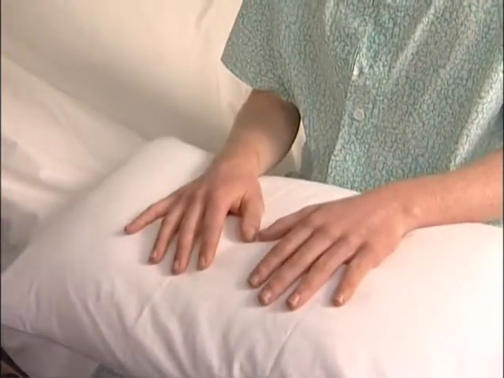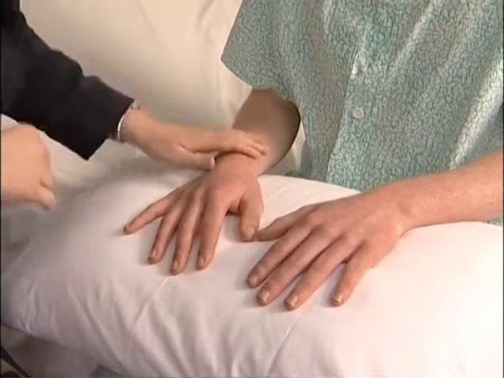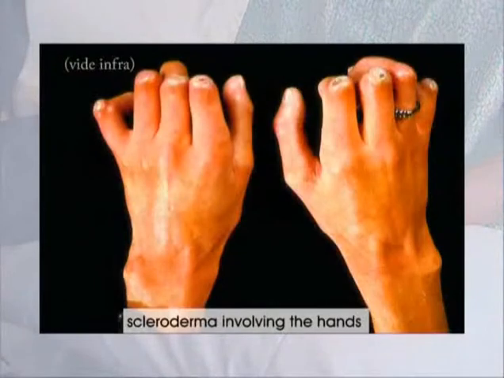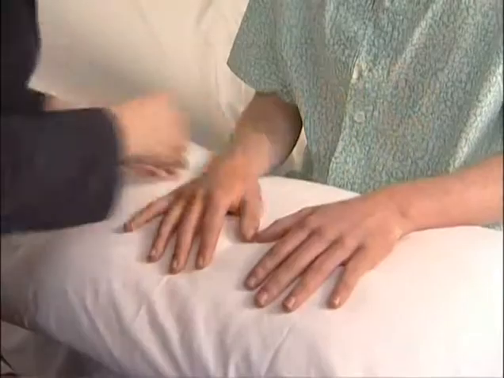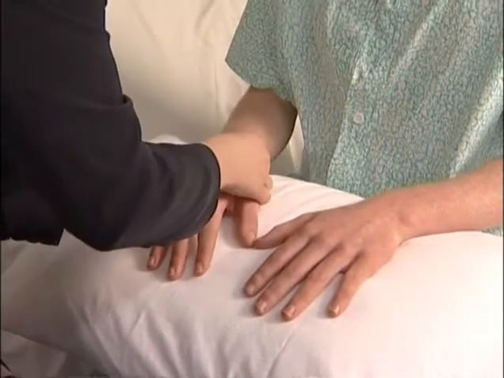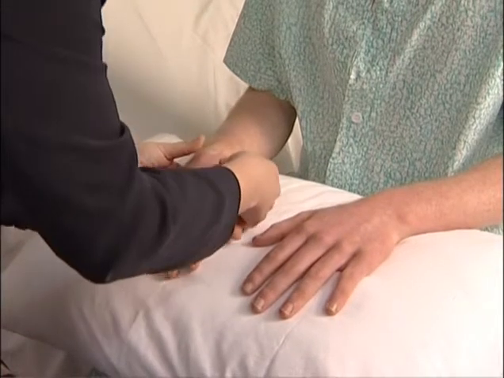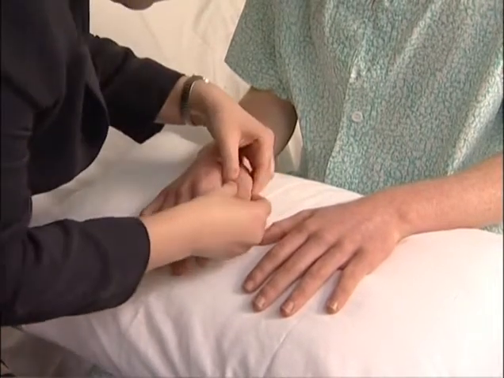Before beginning to feel the joints, ask if they are painful or sore. Do you have any pain in your hands or your wrists? Feel the skin for the tethering that occurs in patients with scleroderma. Start the joint examination with gentle palpation of each of the joints of the hands and of the carpal joints.